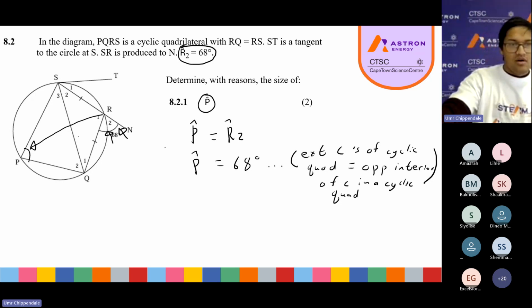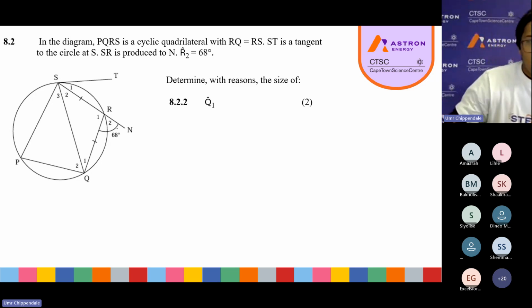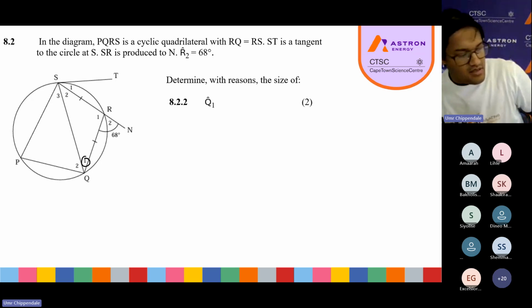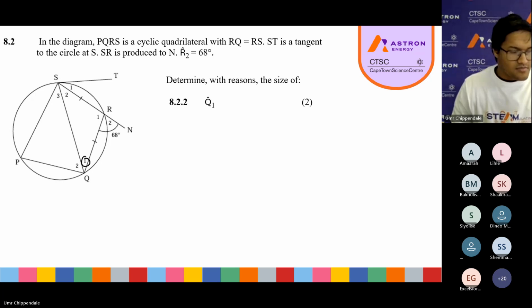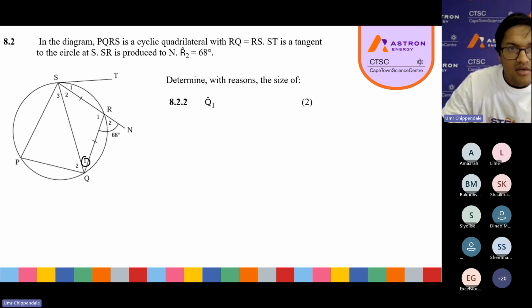Okay. Now, what is 8.2.2? What is Q1? So where do we find Q1? Oh, Q1 is over here. Okay, 8.2.2. Now, this one is slightly different. So we have our part over here. If we see where R2 is, R2 is here.